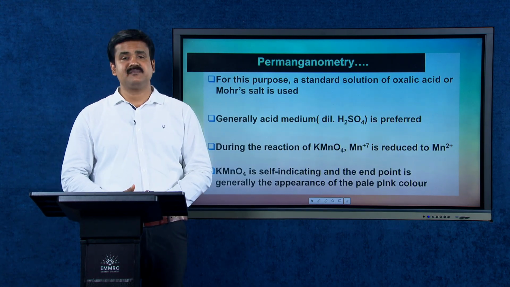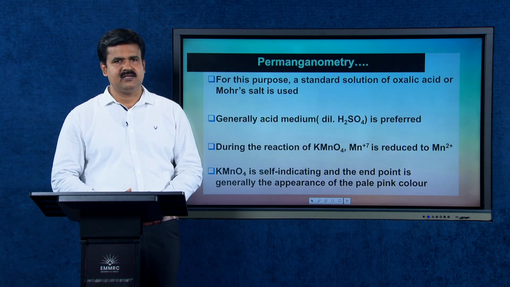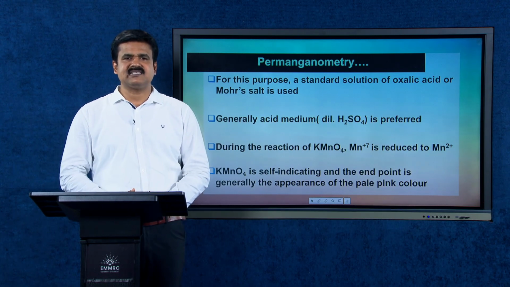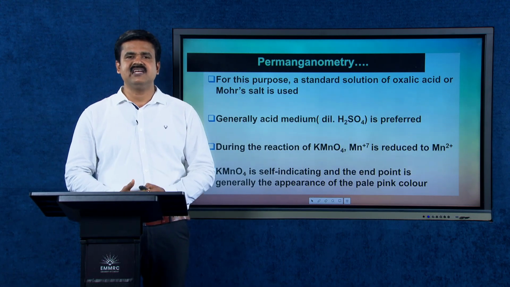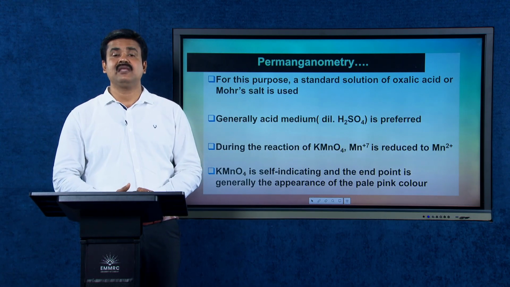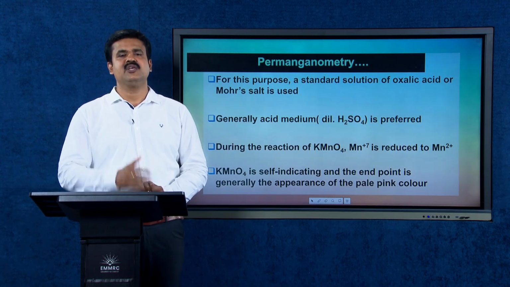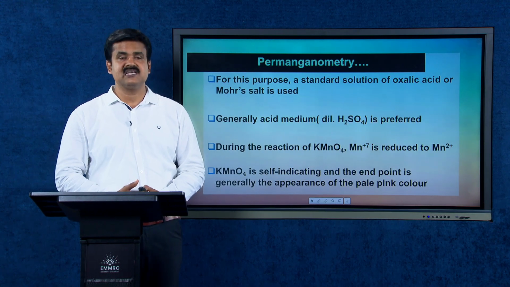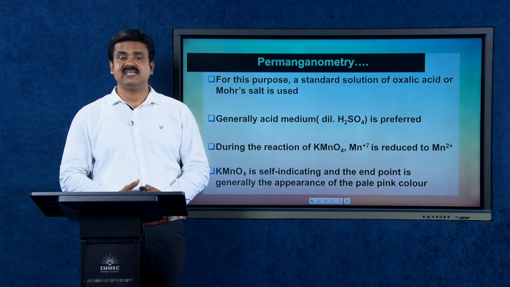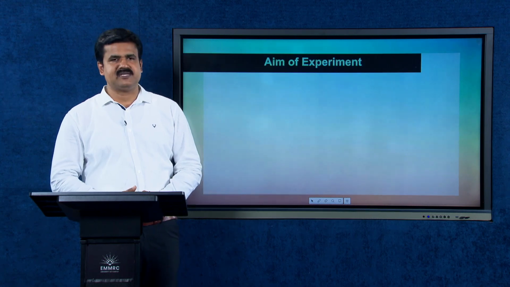In sulfuric acid medium, KMnO4 is converted to MnSO4, that is manganese sulfate. KMnO4 is self-indicating and the end point is generally the appearance of a pale pink color. It should be noted that in permanganometry titrations, you need not use any external or internal indicator because KMnO4 is a self-indicator.